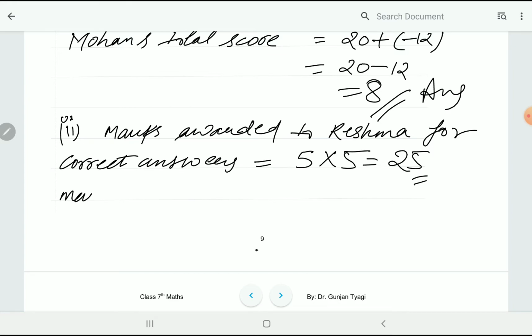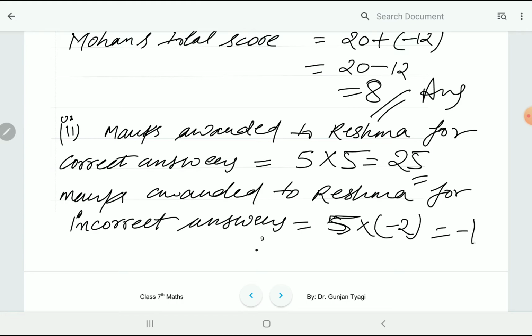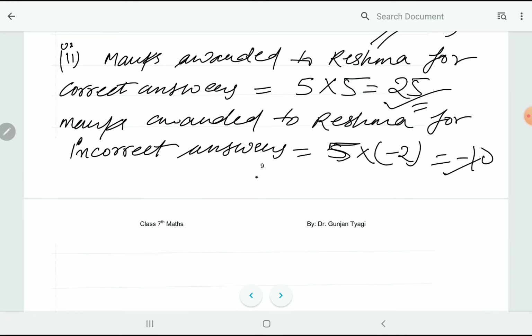Similarly, we will write for incorrect, marks awarded to Reshma for incorrect answers is equal to 5 incorrect answers. She did a total of 5 incorrect answers and marks for each is -2. So that is -10. So for her total score, we will add her marks for correct answers and her marks for incorrect answers.